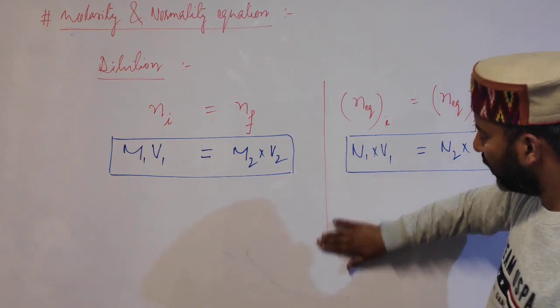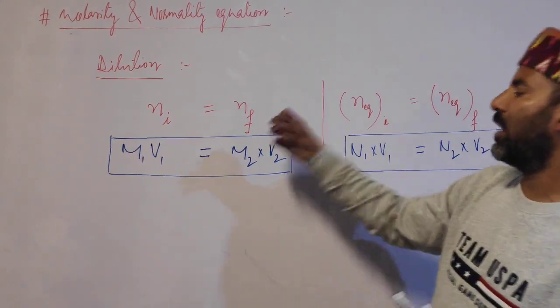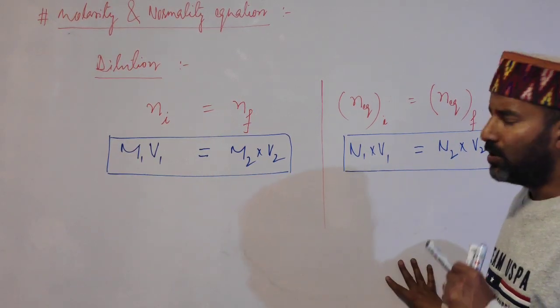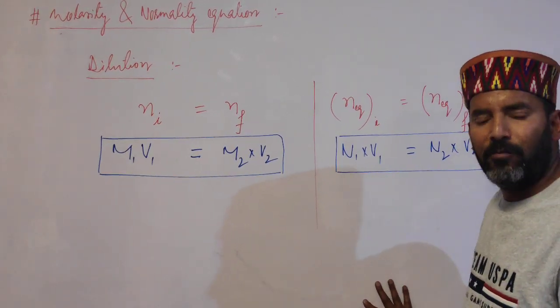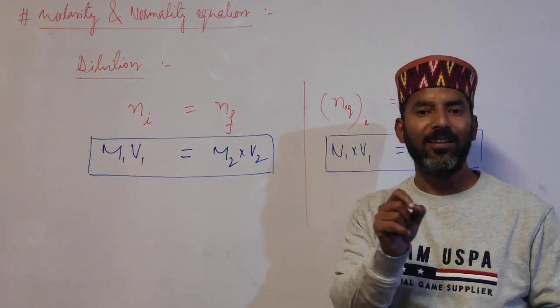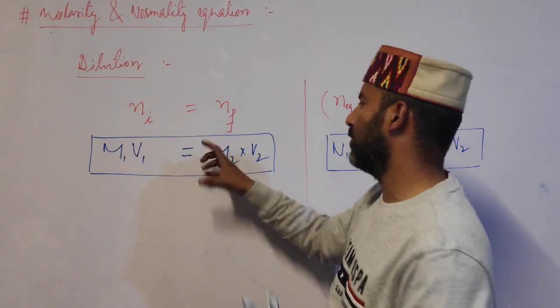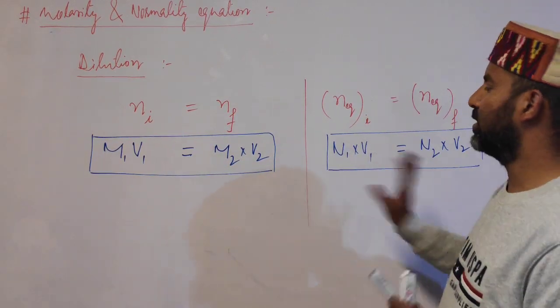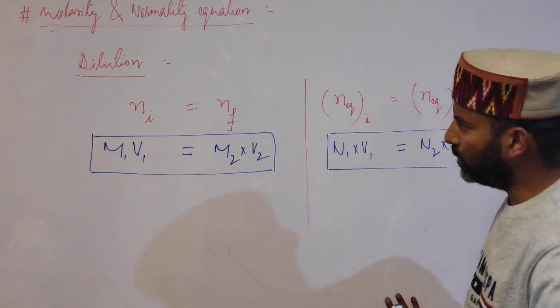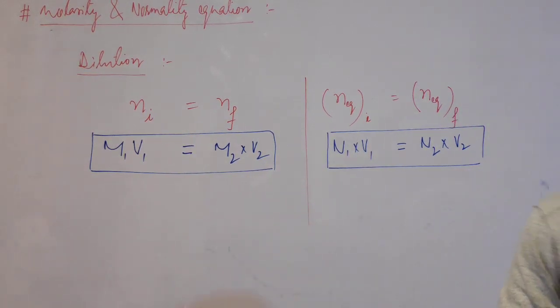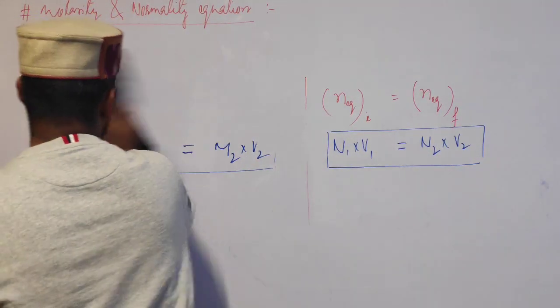But the basic fundamental for deriving these two results is that when we dilute a solution, the volume of solution changes, but number of moles of solute remain same. Number of moles, और उसी से फिर ये fundamental use करके ये result derive कर सकते हैं. Now students, we will discuss the second case, case 2.